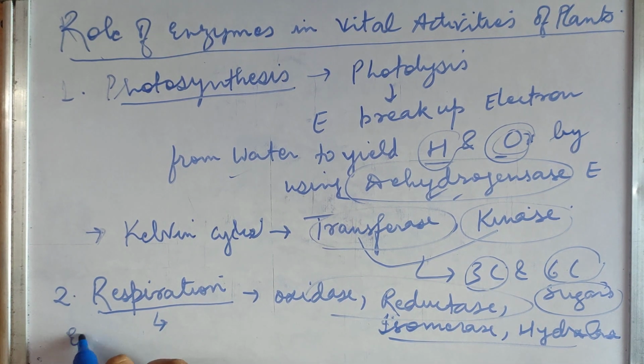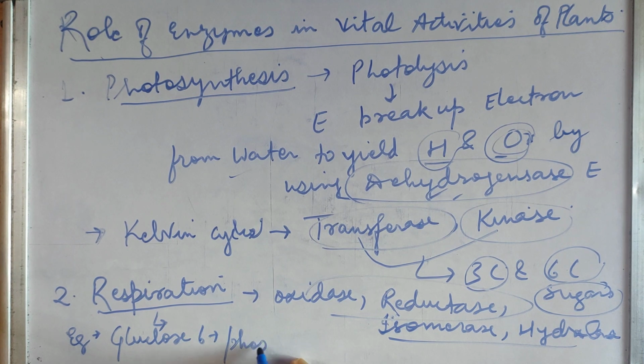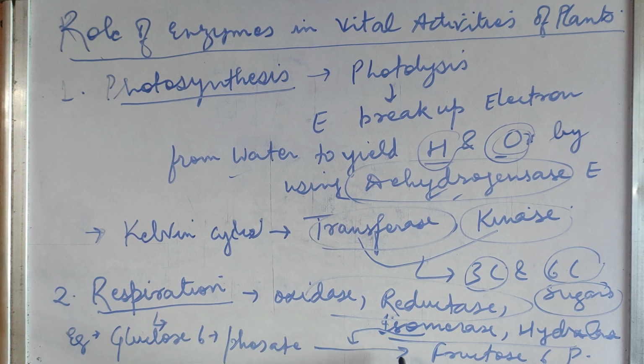For example, glucose 6 phosphate is converted into fructose 6 phosphate by the use of isomerase. So isomerase is the enzyme that helps in the conversion of glucose 6 phosphate to fructose 6 phosphate during respiration.